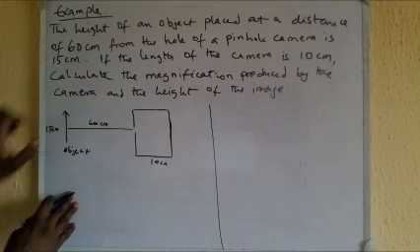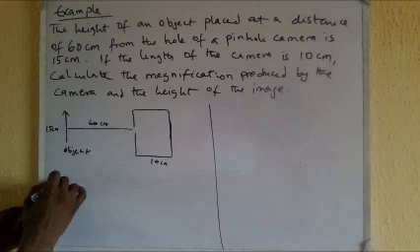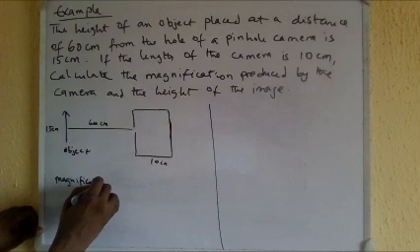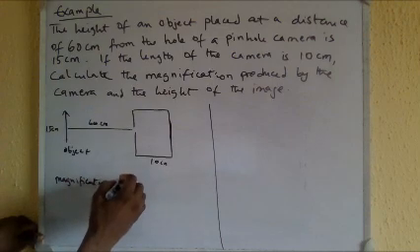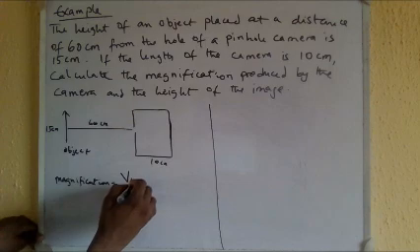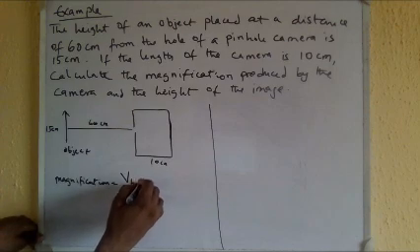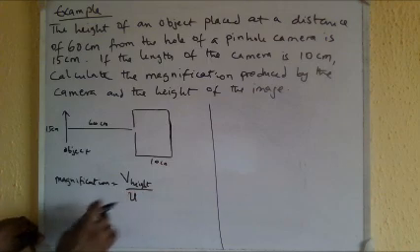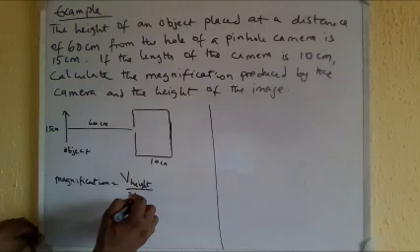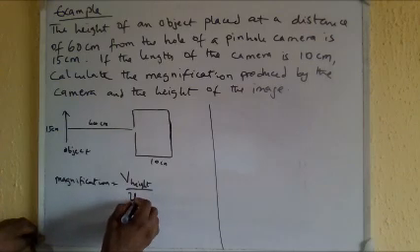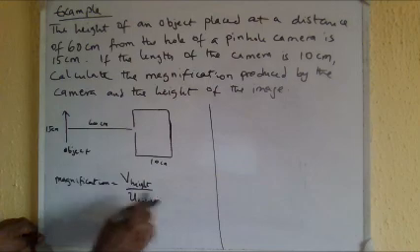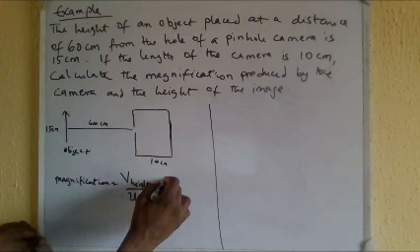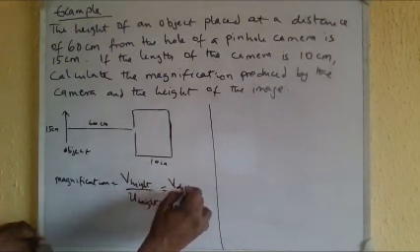So magnification is either of these two ratios. Ratio of image height, I normally use V as image height, I will explain later, and U as object height. So a ratio of image height to object height, or image distance to object distance.